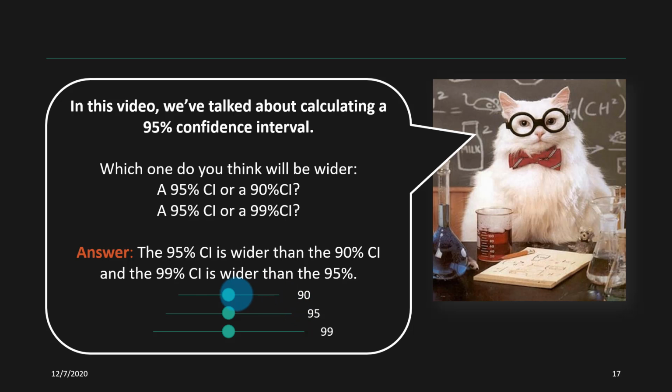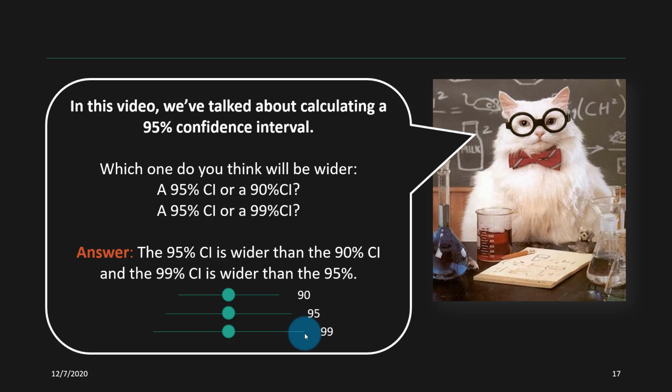The 90% confidence interval is going to separate the middle 90% from the extreme 10%, so it's actually putting 5% in each tail. That means that the 90% confidence interval is going to be narrower than the 95% confidence interval. Similarly, the 99% confidence interval separates the middle 99% of the distribution from the extreme 1%, so it's only putting 0.5% in each tail.